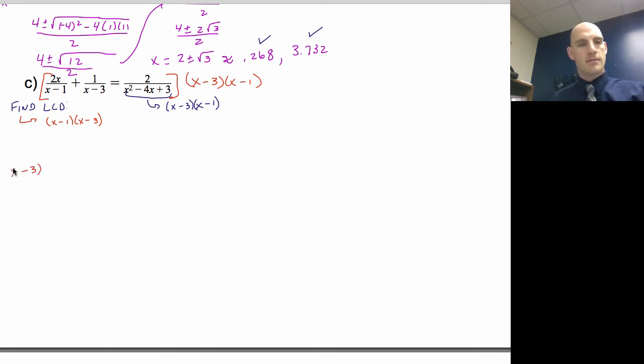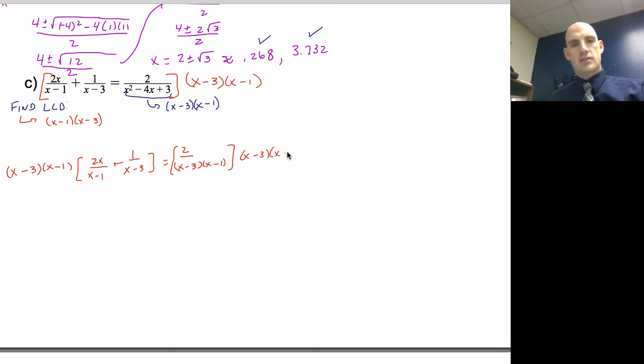X minus 3 times x minus 1 times 2x over x minus 1 plus 1 over x minus 3 equals 2 over, and I can now write this in its factored form just to make it very clear. And I'm multiplying that by x minus 3 times x minus 1.